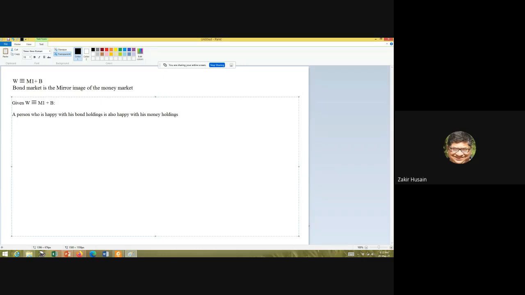So both are determined simultaneously. Is this part clear? Given that it's an identity, once you decide on the money holding, it also means that you're deciding on the bond holding. So if you're happy with your bond holding, you're also happy with your money holding and vice versa. That is, if you're happy with your money holding, you're also happy with your bond holding.